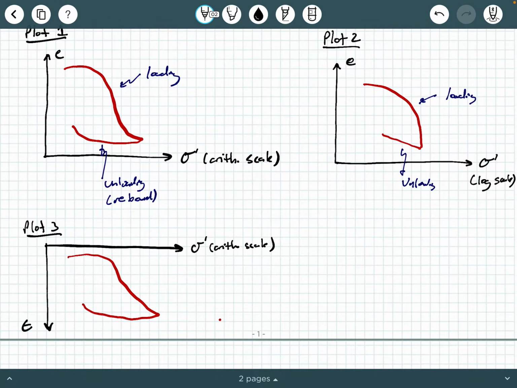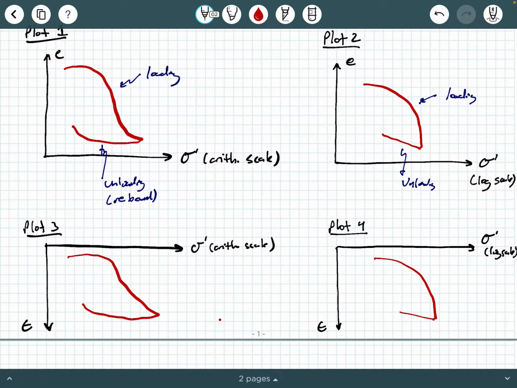And then plot 4 here. Here's strain. Here's sigma prime on a log scale. And this plot is actually going to have pretty much the same shape as plot 2. And again, strain is going down.